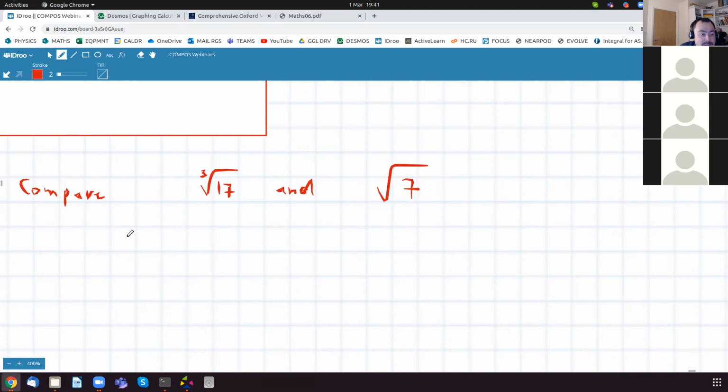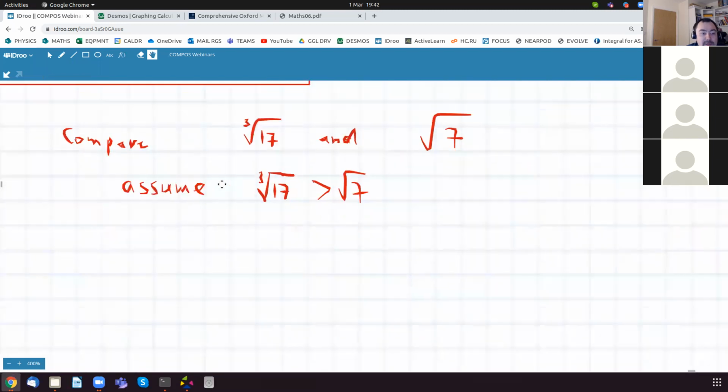Okay, so I assume that cube root of 17 is greater than root 7.